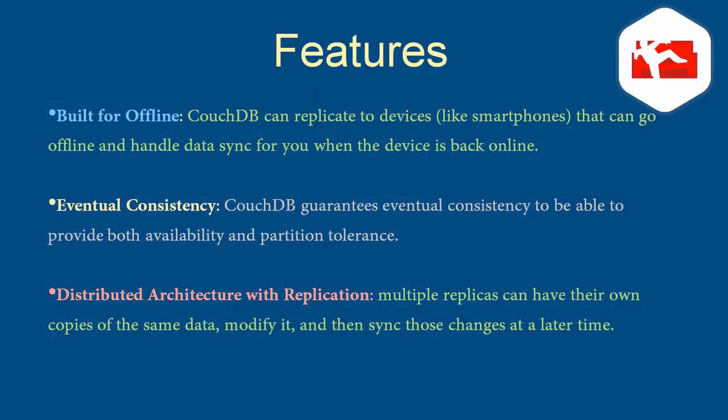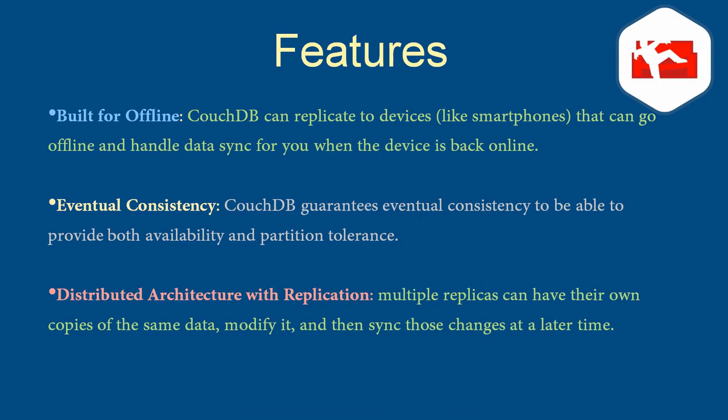So there are some features that make Apache CouchDB distinguished or ahead of other databases. It is built for offline. So if you have an Android application or other kind of mobile application and you turn your internet off and on over time, when your internet connection is off on your mobile phone, the data could not be synchronized over the storages.